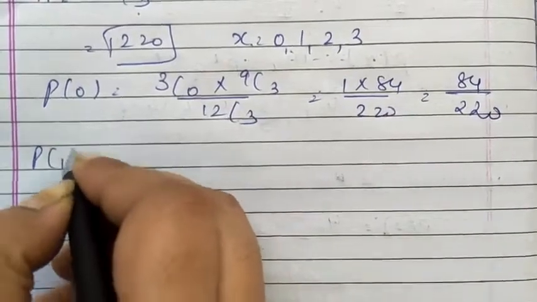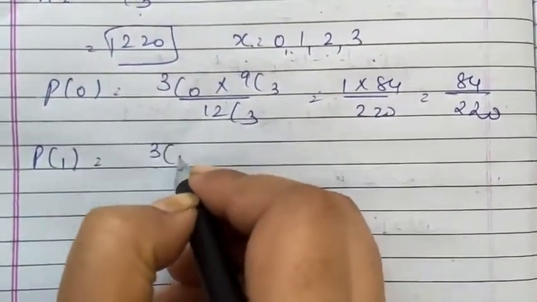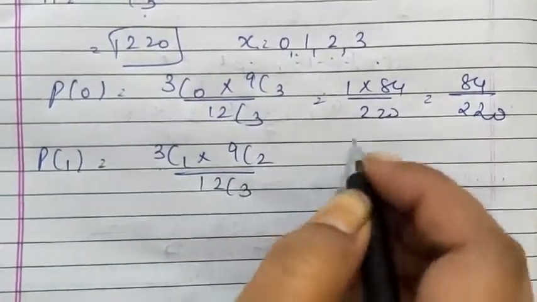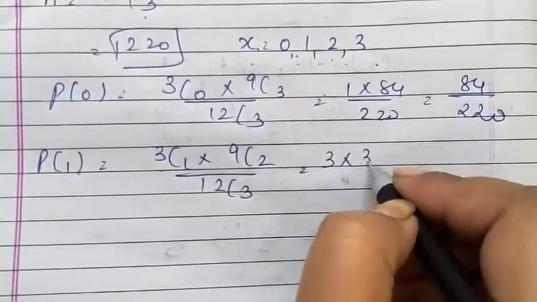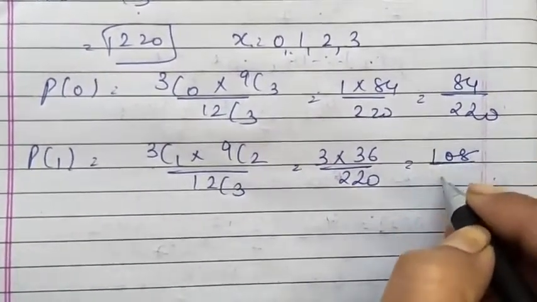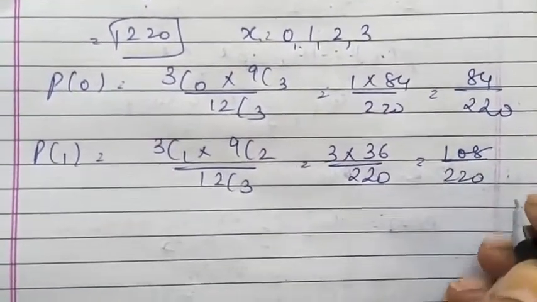Now let us find P1. P1 is equals to 3C1 into 9C2 upon 12C3, that is 3 into 36 upon 220. Answer gives us 108 upon 220.